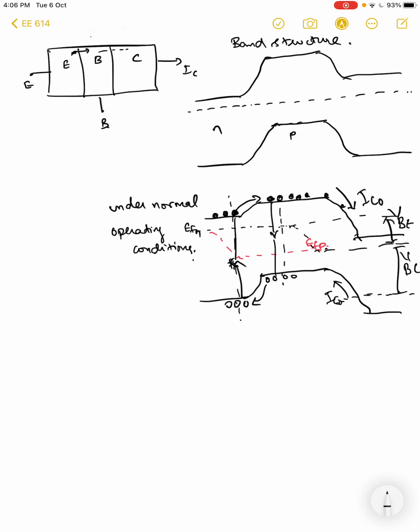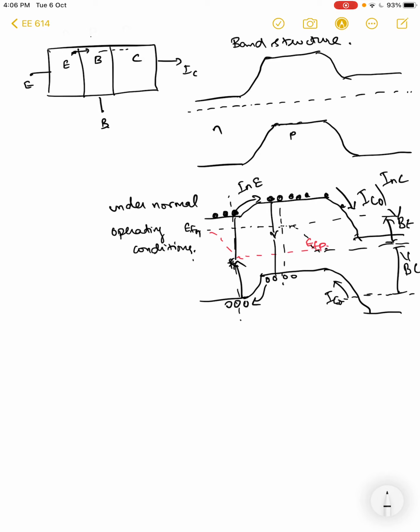I hope you guys remember that under reverse bias, the collector current or the reverse saturation current is basically because of recombination of electron hole pairs, right? So you can call it IC naught, or it is basically electron, right? So basically you can also write as INC, electron in the conduction in the collector, and this is called as INE, electrons coming from the emitter, right?